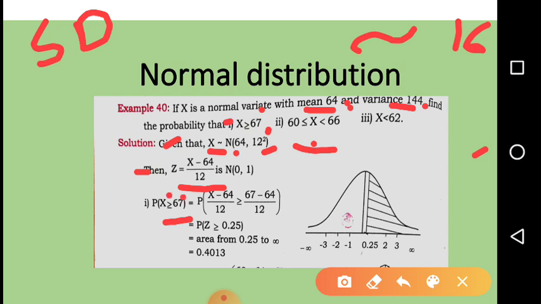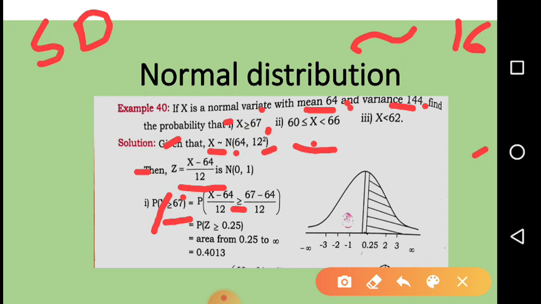For this X which I have marked, you will write this formula. See, X minus 64 divided by 12. Write this, since Z is equal to X minus 64 by 12. Then what is the sign here? As you can see, it is greater than or equal to 67, so put the same sign here. I have marked it. The sign in the question, write the same sign. Then they have told it is 67.